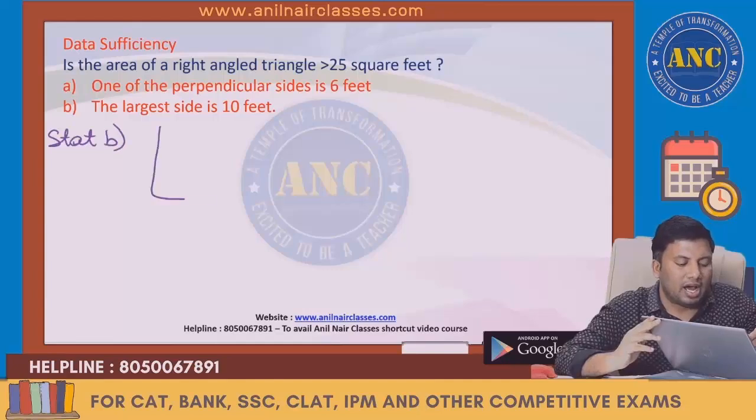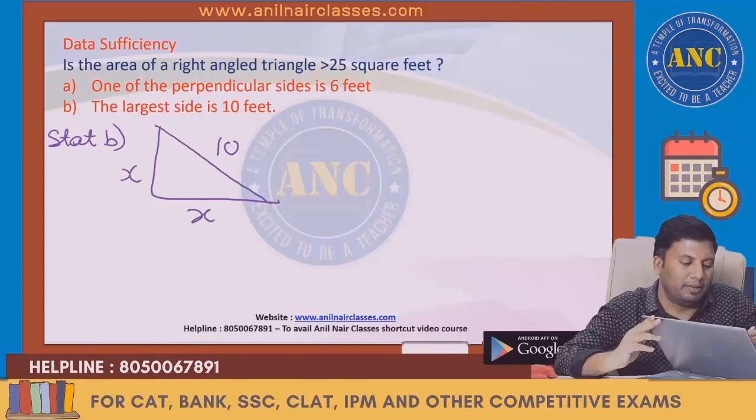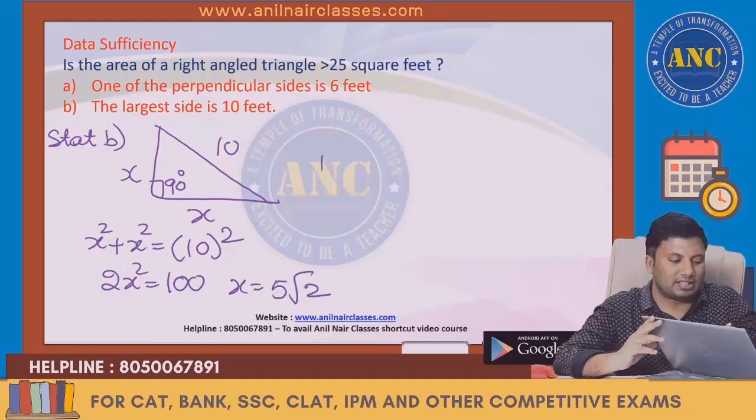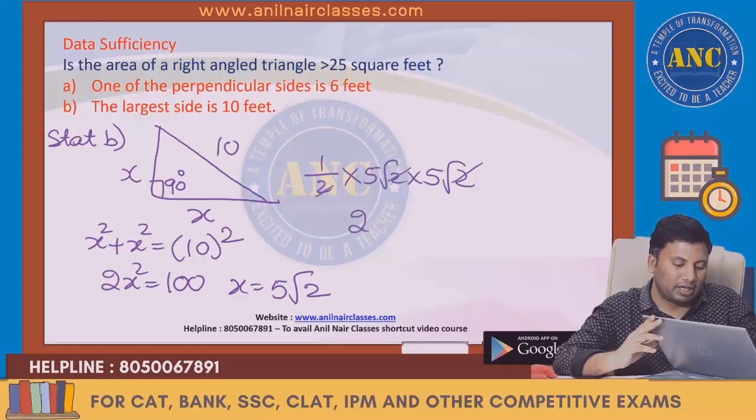Statement B. The largest side is nothing but the hypotenuse. Area will be maximum for a right angled triangle with x square plus x square, which is 2x square, equivalent to 100. x is nothing but 5 root 2. So the area is half into 5 root 2 into 5 root 2, which is nothing but 25.